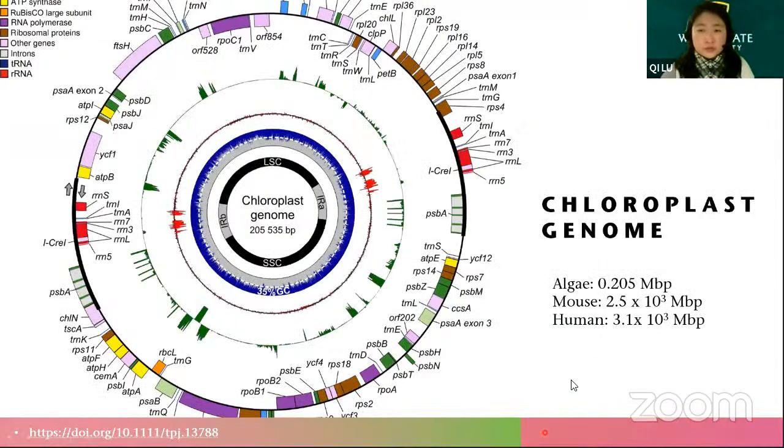And the whole genome of this green algae is about 205 kilo base pair. Comparing to the mouse and the human, it's like 1 to 10,000 the size of a mammalian genome.